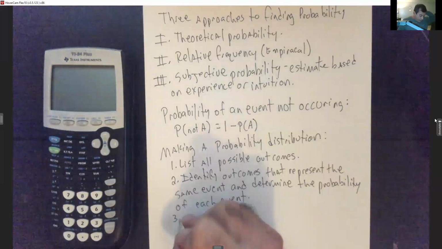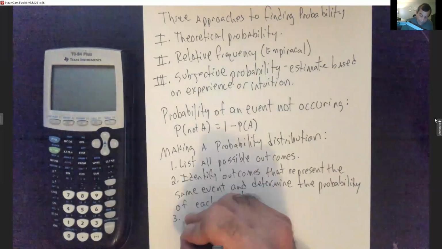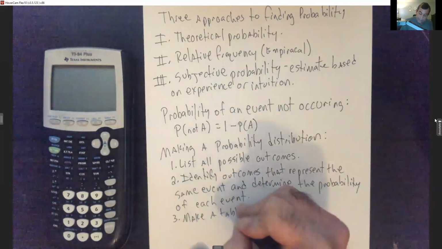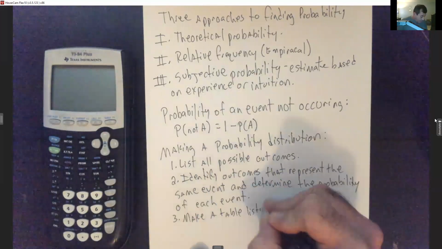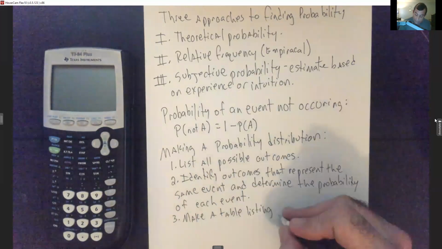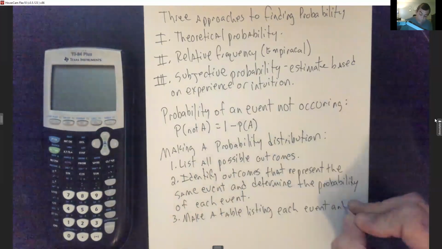And then third, make a table listing each event and its probability.